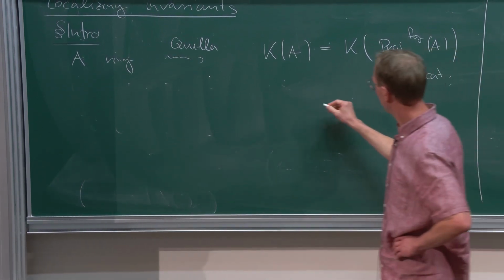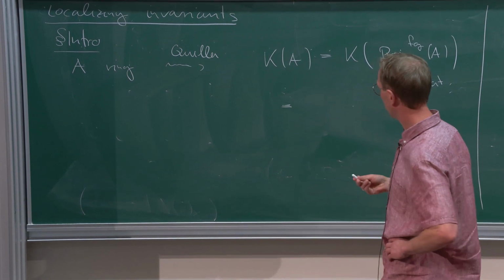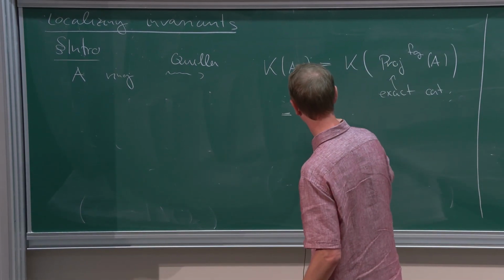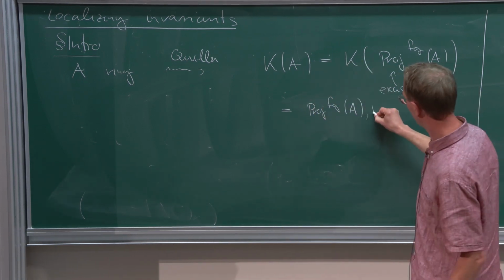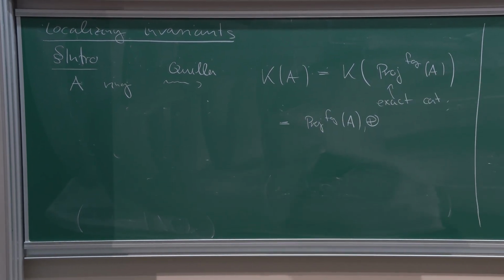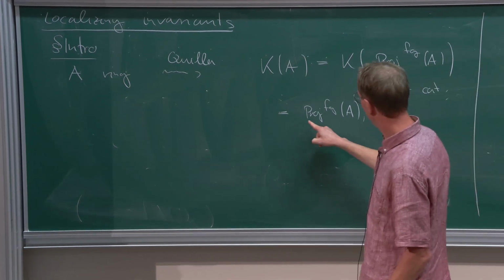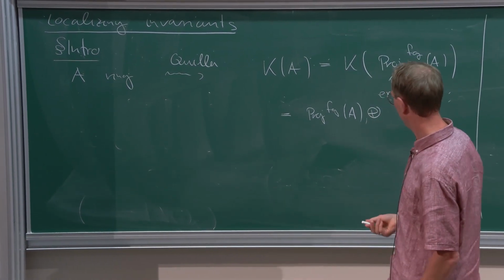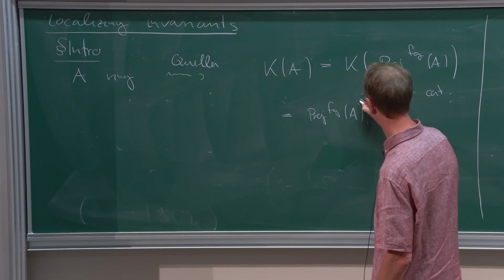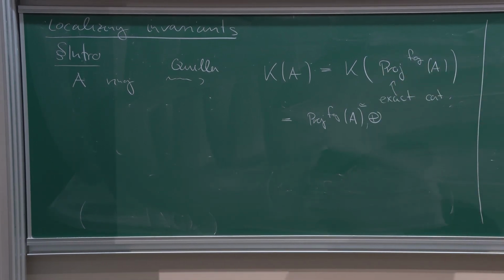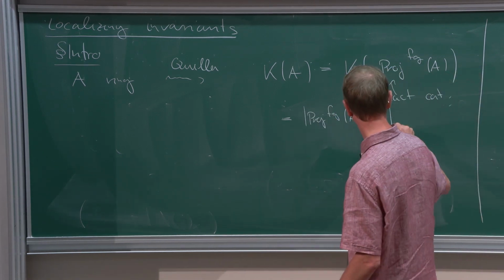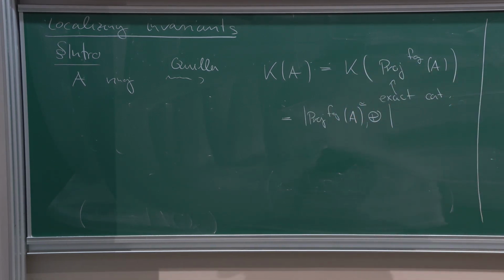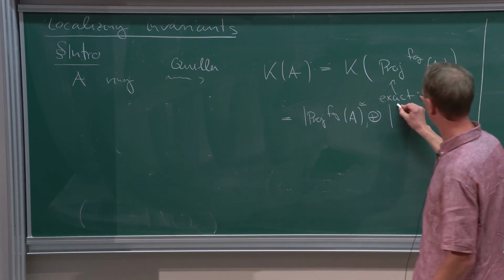In modern terms you could say it is defined as follows. You take the category of finitely generated projective A-modules. This has a direct sum operation, so it's symmetric monoidal with respect to direct sum. Then you take the underlying groupoid, so throw away all the non-isomorphisms. You can view it as a space, or in fact an E-infinity space, which is not group-like, but then you can group complete it.